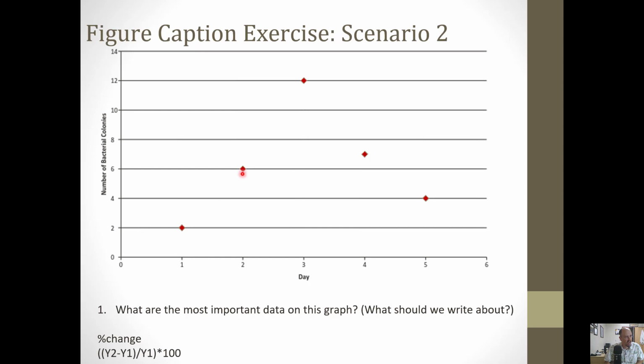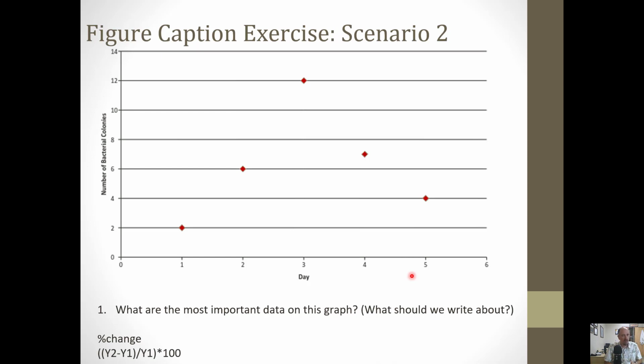So the data increases and then the data decreases. And we can see that on the graph. But you want to quantify that as well. You don't just want to say it goes up and it goes down. By how much? One of the ways we quantify data in class is percent change, which you can see the formula down here, y2 minus y1 divided by y1 times 100, or fold change, and there's information on this on page 78 of your manual.